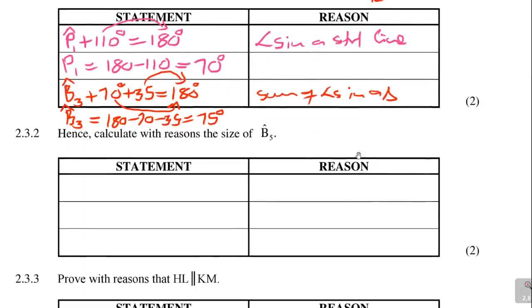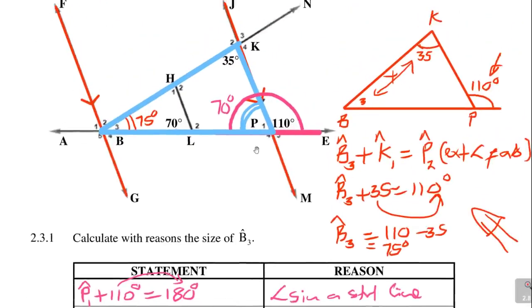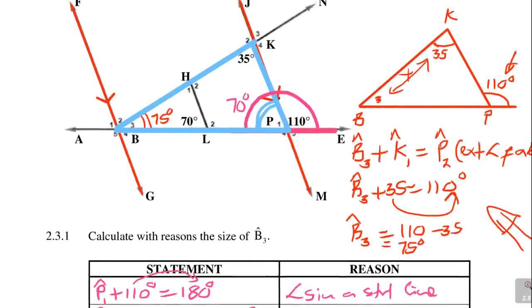B5. 2 marks again. Let's identify B5. I think I need to erase a little bit here so that we can identify. There is B5. See that? You see B5? Now they say hence calculate with reasons the size of B5.